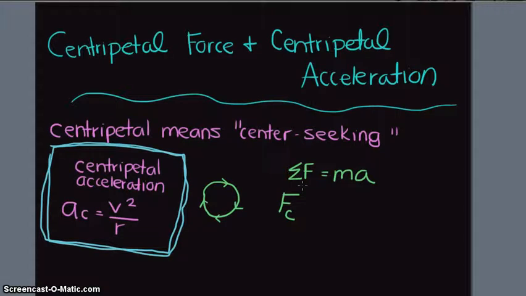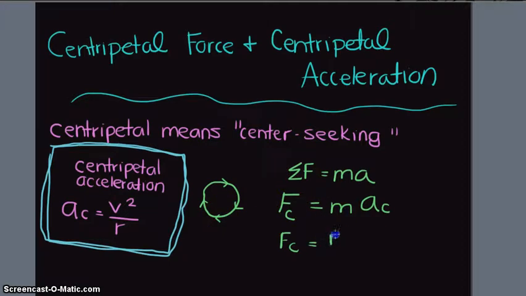If we think about centripetal force, the net force that's causing this centripetal acceleration, it's the same thing as saying mass times centripetal acceleration. We can simplify this even further by taking a look at the math model for centripetal acceleration.